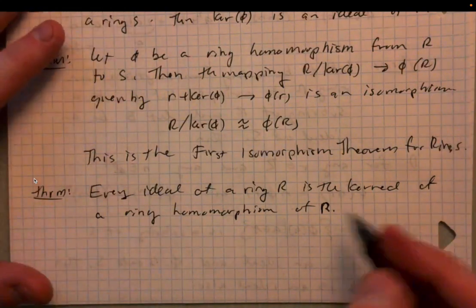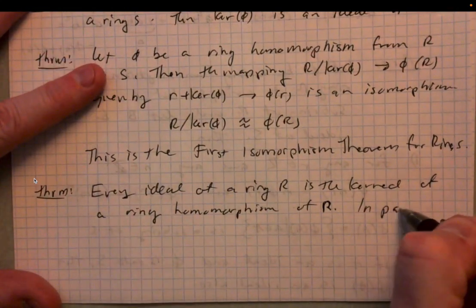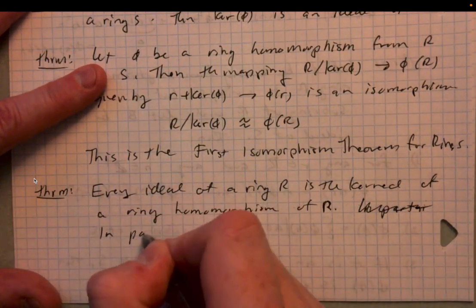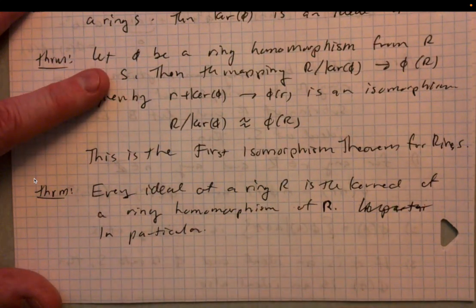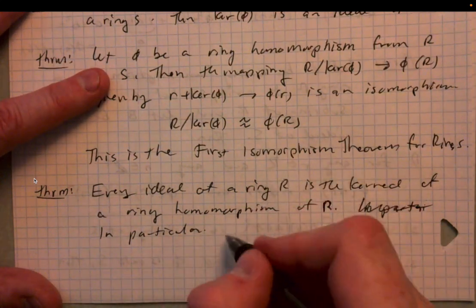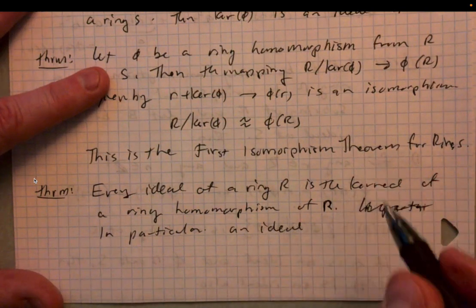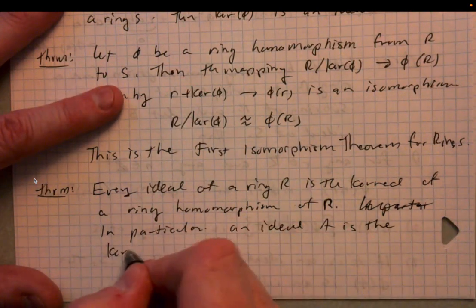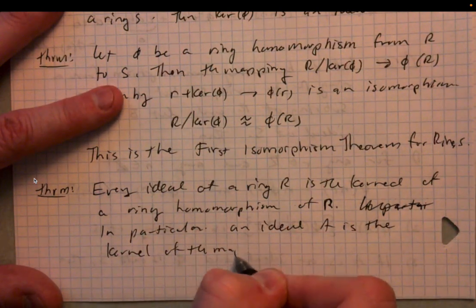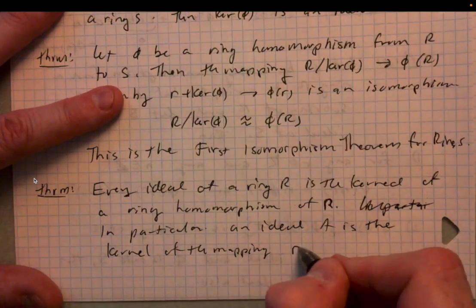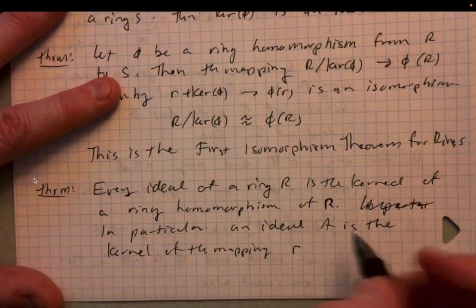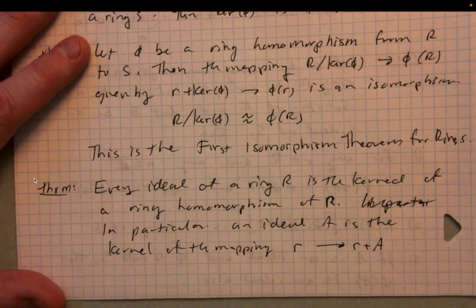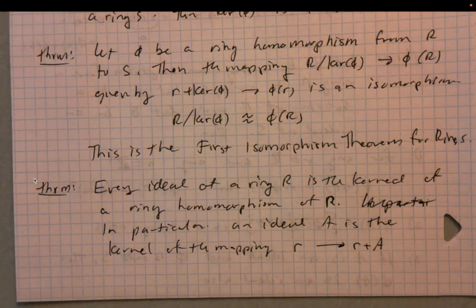Okay, so a way to say this more in particular, an ideal A is the kernel of the mapping that takes an element R from the ring and maps it to R plus A, where A is an ideal, right?